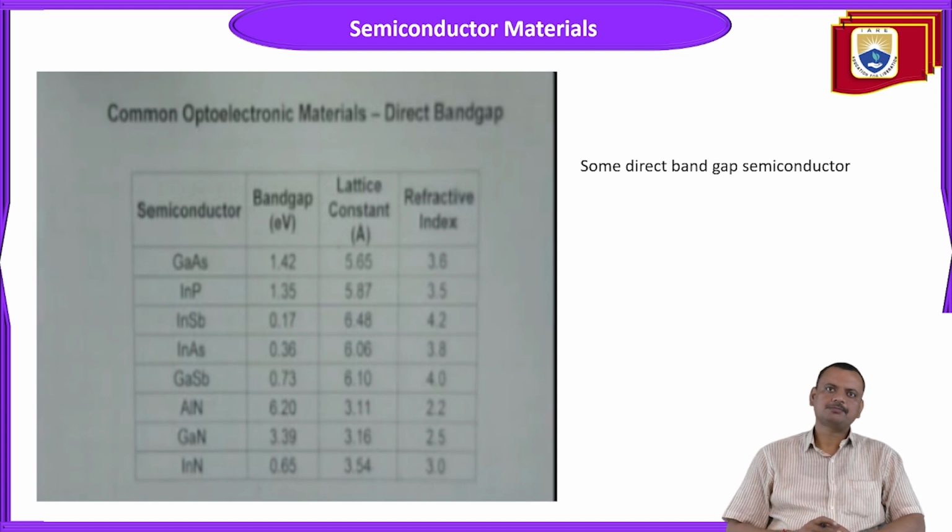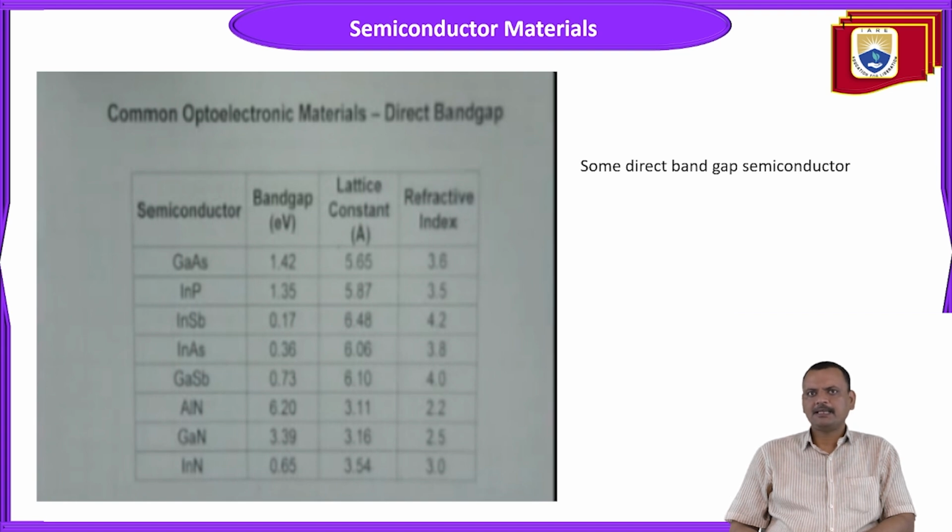Apart from these, all the other semiconductors like gallium antimonide, indium arsenide, and gallium arsenide have higher lattice constant values. So these lattice constant values also have a particular role.